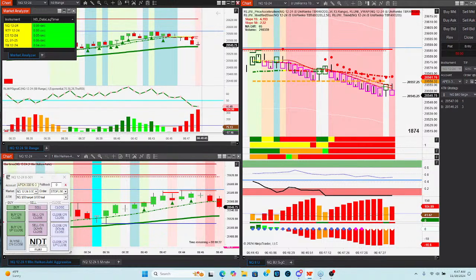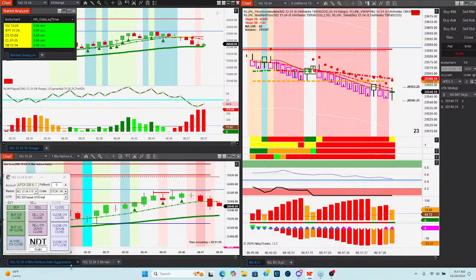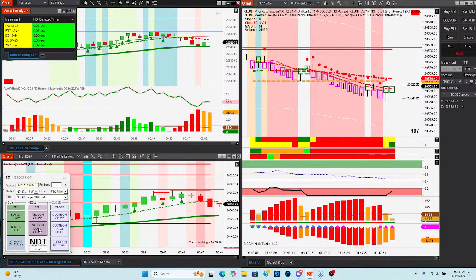Okay, I've got brushes. I need a big pullback here. I don't have my bias yet. Sometimes you'll only have, when you with the initial punch through this 50, you might not have a bias, but you'll have all your brushes. That's these down here. It looks like it's pausing right here.